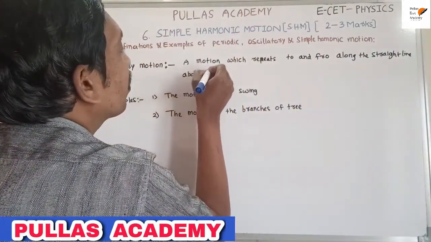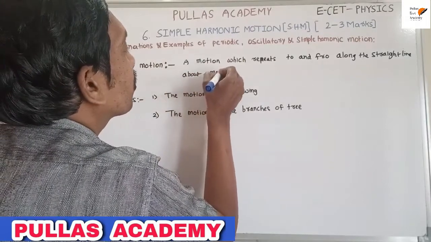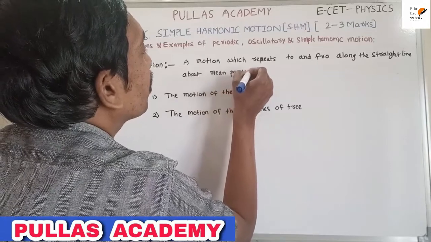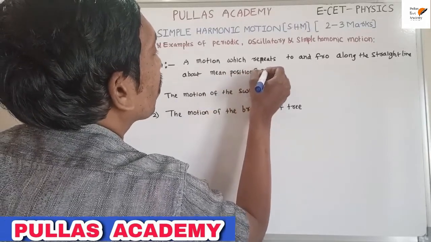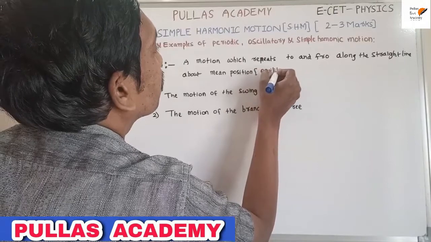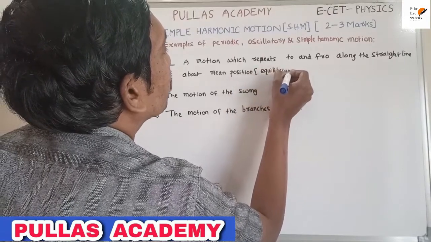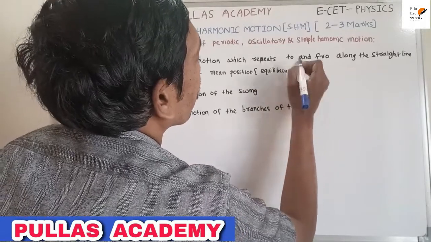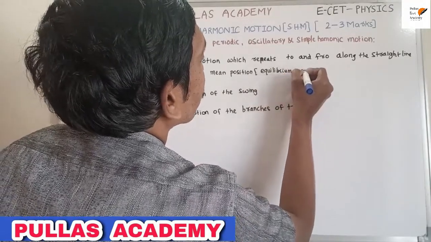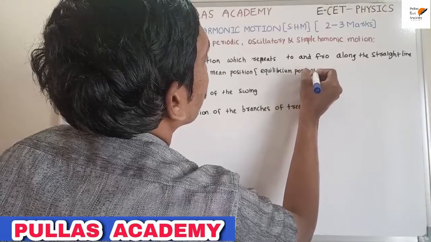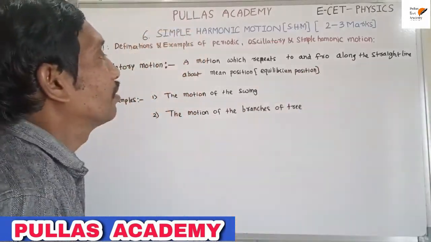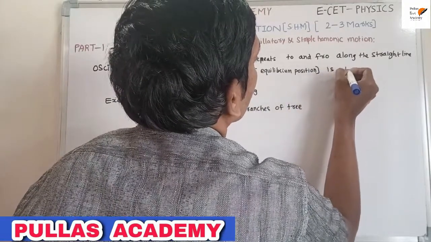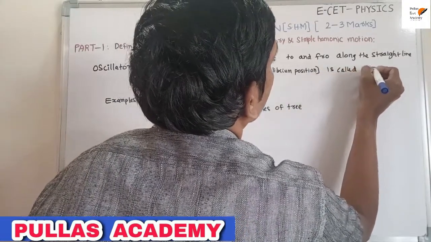What is the point here? About the mean position. The mean position is also called the equilibrium position, or resting position, or center point. Motion that repeats to and fro about the mean position is called oscillatory motion.